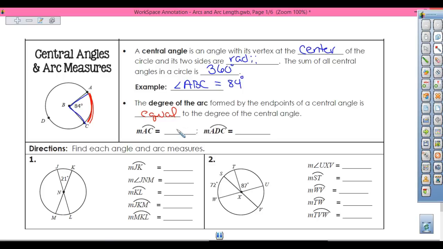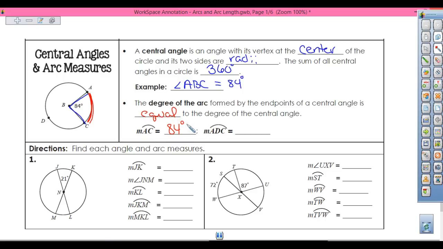So arc AC is going to equal what? What's the central angle? 84. So the arc is going to also be 84. So arc AC is 84 degrees.